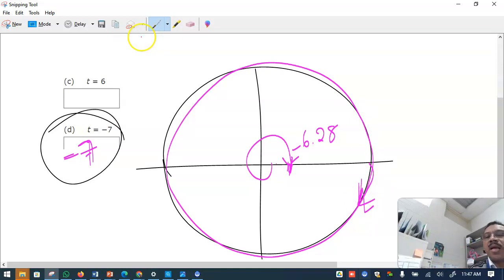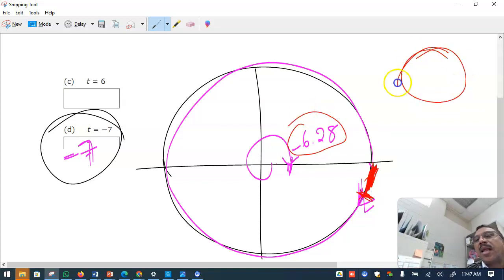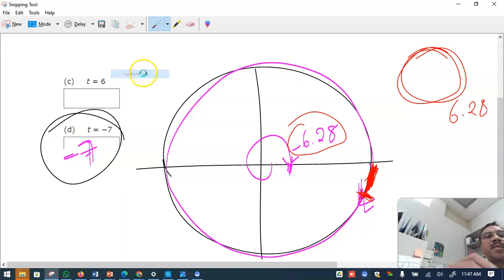The question is asked, how much is this? How do we do this? The whole round we know is 2 pi. I want to make sure we get this part. So what I'm saying is the length of the arc.